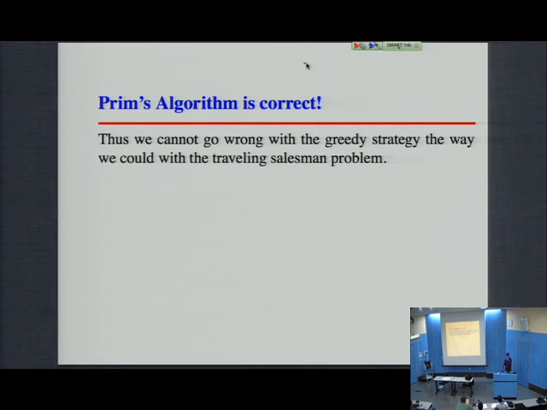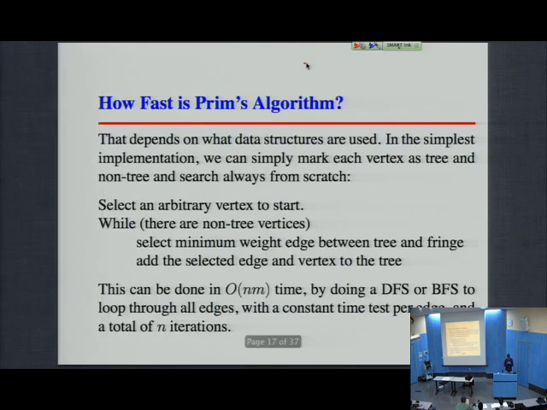Any questions? Okay. So by now you should believe the correctness of Prim's algorithm. How fast is Prim's algorithm? It should be clear that it is an algorithm of the basic form: start from a vertex, which is vertex 1.